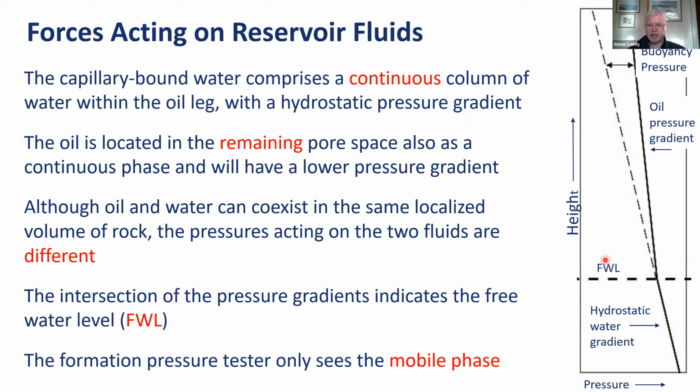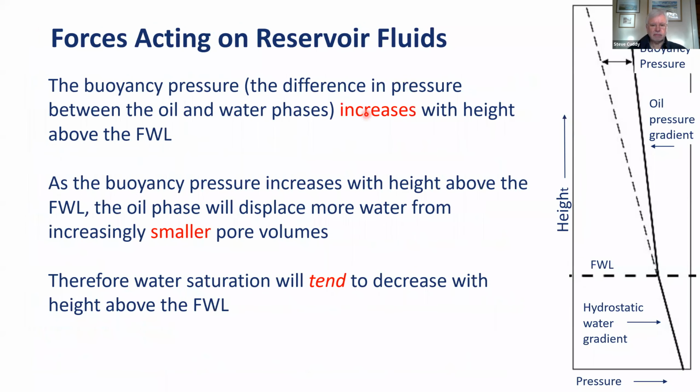Now, the formation pressure tester only sees the mobile phase. This is important. Even though there are two phases here, the water is immobile, capillary bound, the oil is mobile, and that is what is seen by the pressure tester. Now, the buoyancy pressure, the difference between the oil and water phases, increases with height.